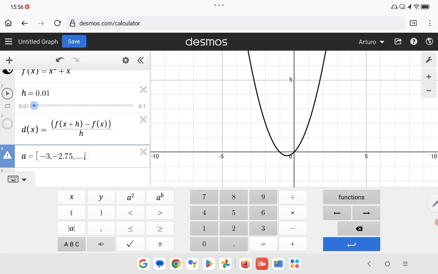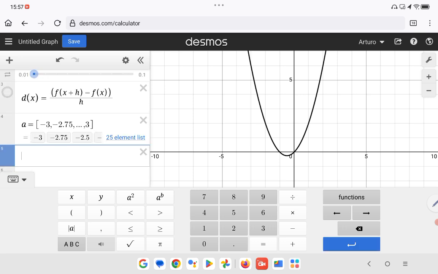Desmos is going to consider it a pattern because we have indicated how it's going to progress. It's going to go every 0.25 all the way up to positive 3.